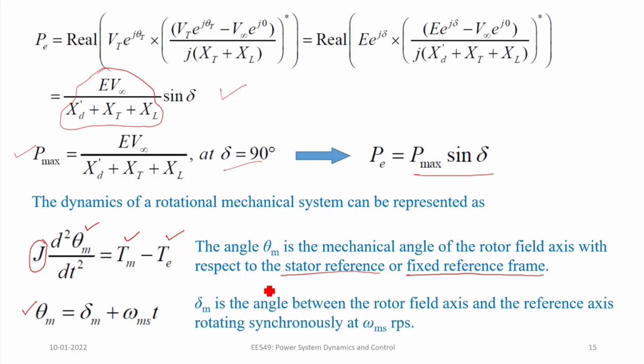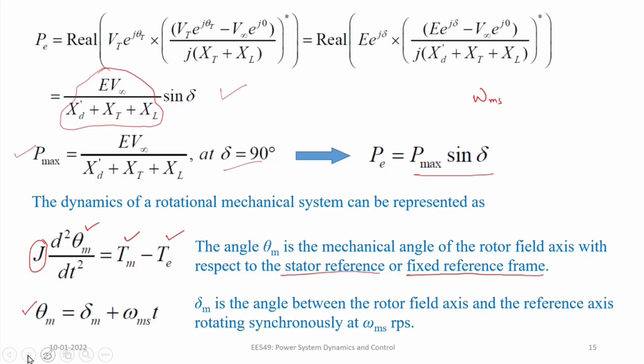What is omega ms? Delta m is the angle between the rotor field axis and the reference axis rotating synchronously at omega ms rps. So it is assumed that your reference axis of the stator is rotating at omega ms, and with respect to the rotating reference axis, your rotor is making an angle of delta m.